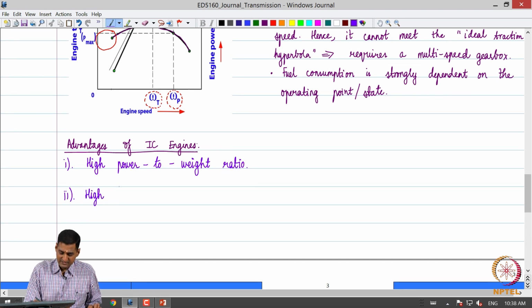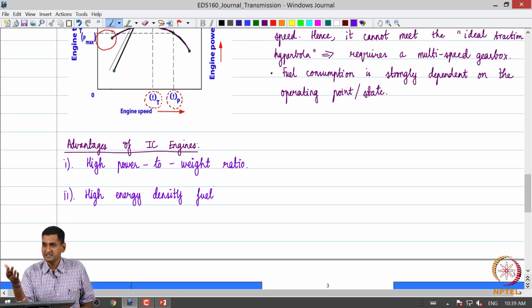Another advantage which adds benefit to the use of IC engines in this application is that the fuel which is used has high energy density. So that means that if you look at the amount of energy which we get by burning unit quantity of the fuel in an IC engine, that is going to be pretty high.